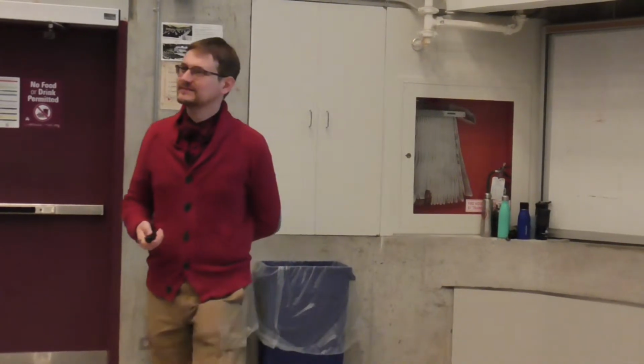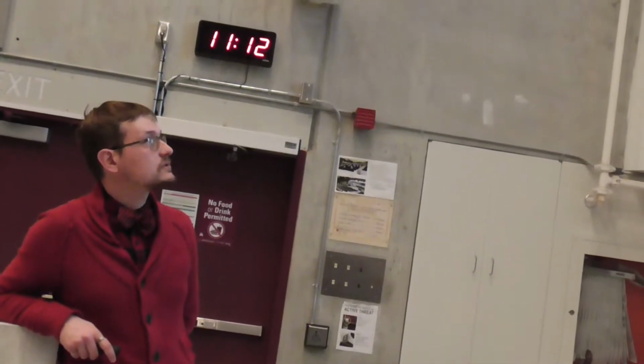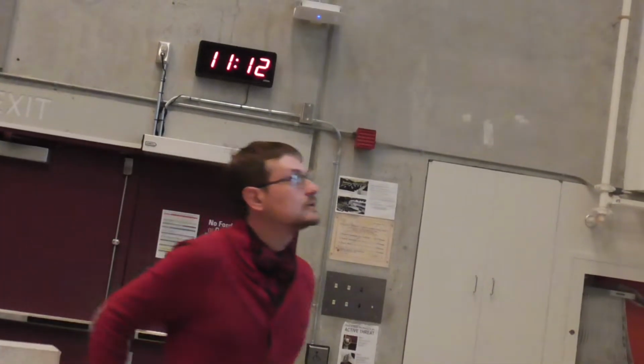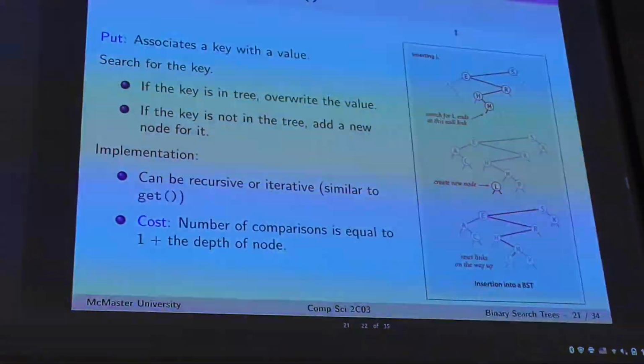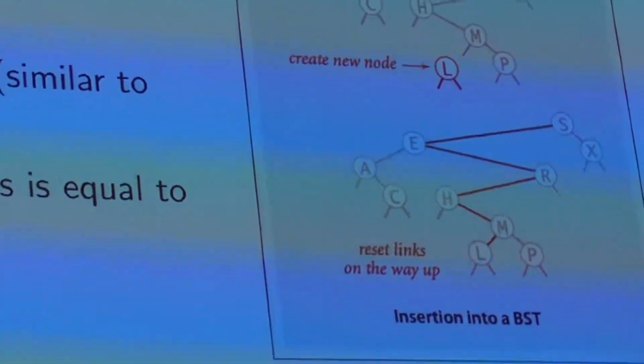Question? Can you explain the resetting links on the way up? Let me see, where does it say that? In the bottom right picture, the last step. Yeah, right here.